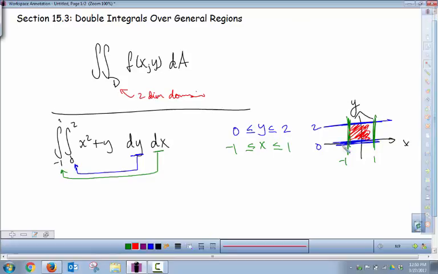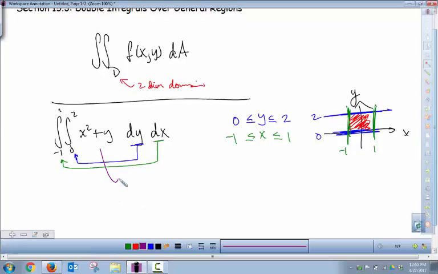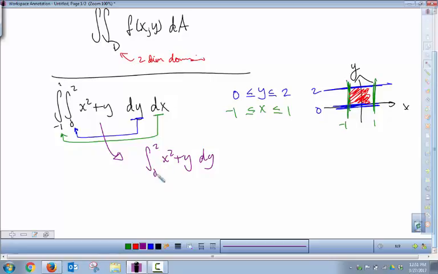In terms of actually doing the integral, that shouldn't be that bad either, right? An iterated integral works from the inside out, so we're going to focus on this integral from 0 to 2 first with respect to y, treating x as if it was constant. At the step where you take the integral, x squared is a constant, and so the integral gives x squared y plus y squared over 2.